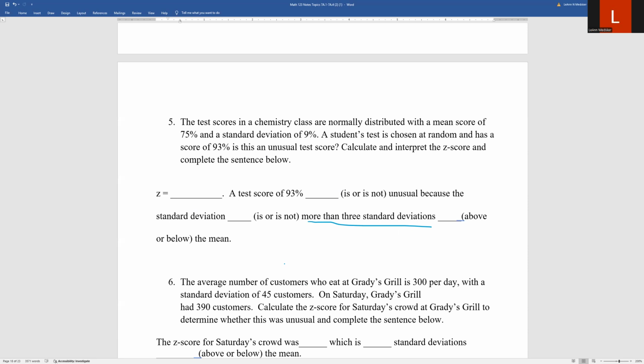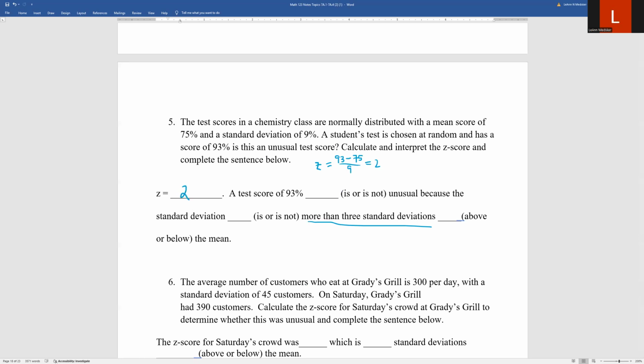If you don't look carefully, sometimes this is 3, sometimes this is 2. So always read this carefully. So first thing we're going to do is find that z-score. That student scored 93. The average for the class was 75, and the standard deviation was 9. So we take 93 minus 75, divided by 9, and that's a 2. Okay, and it's positive. So my z-score is a 2.